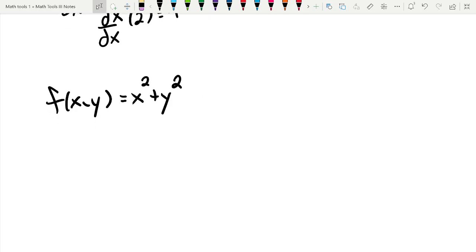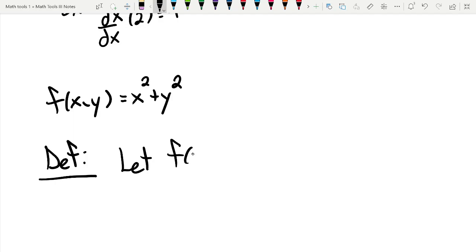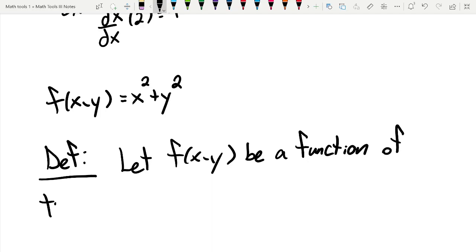So let's go ahead and just define the partial derivative. This will look just like how the single variable version looks. So let f of x, y be a function of two variables. But again, as I've mentioned, you can extend this very naturally to 3 variables, 4 variables, whatever you need.